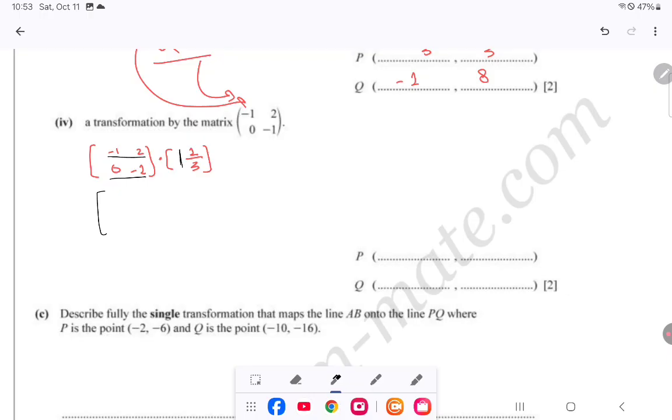Now 1 into 1 is 1 and 2 into 3 is 6. Now 0 into 1 is 0 and negative of 1 into 3 is negative of 3.